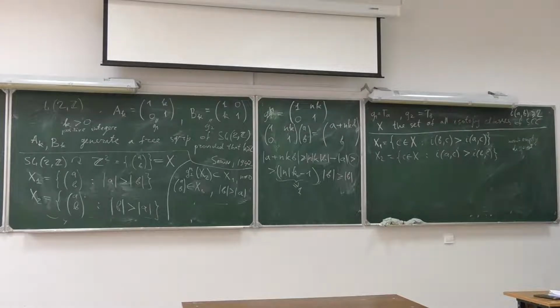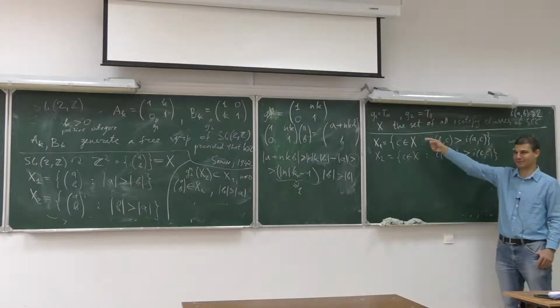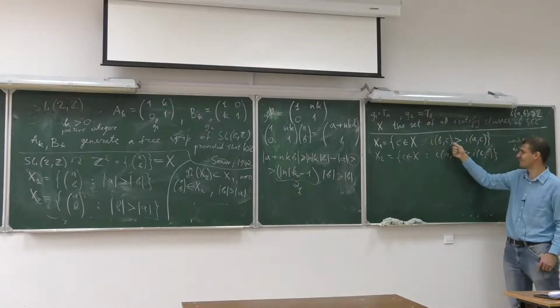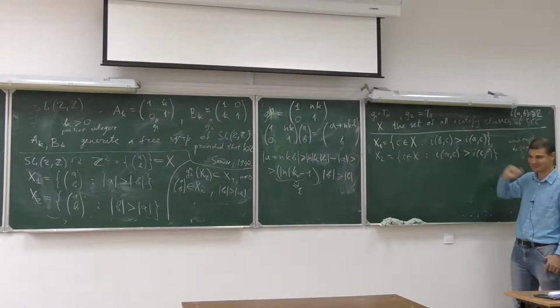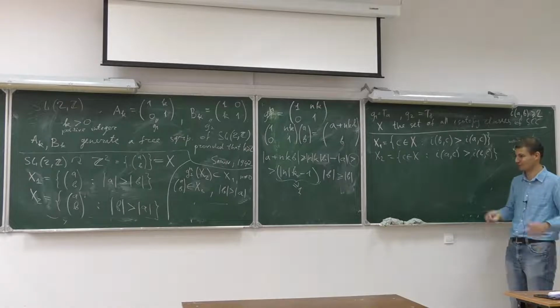One moment. Is it as easy that they are non-empty? Disjoint is obvious, but why are they non-empty? A and B themselves. A belongs to X1, since we have here at least 2 and here 0, and B belongs to X2.